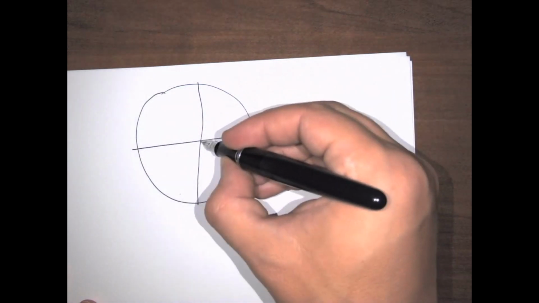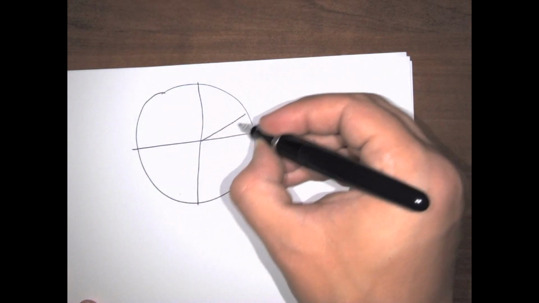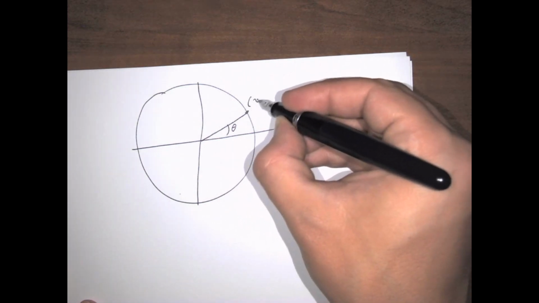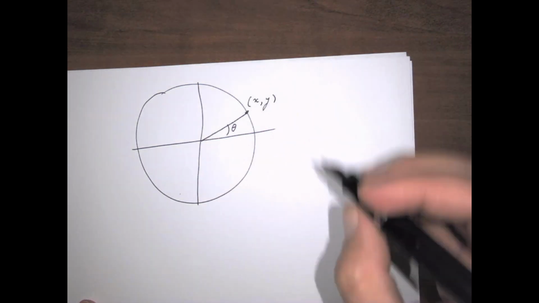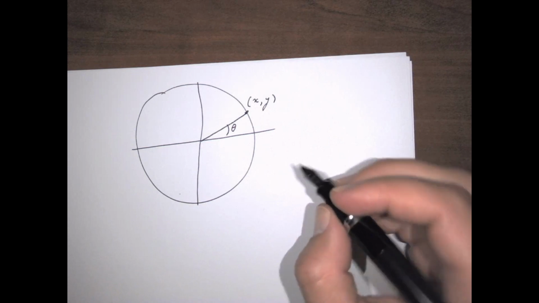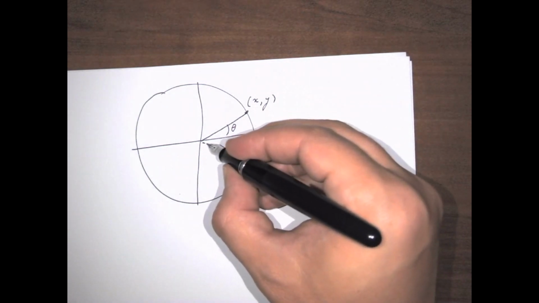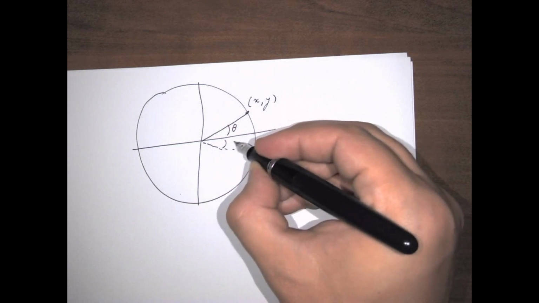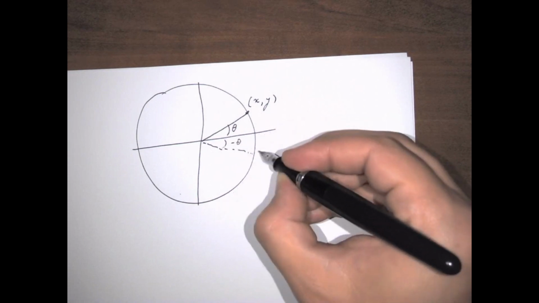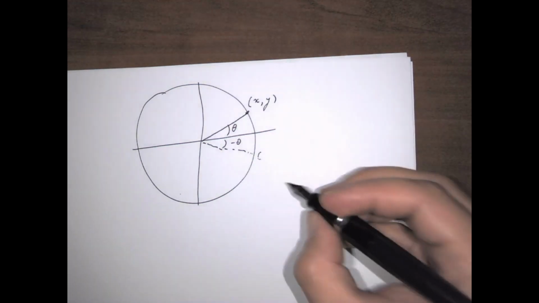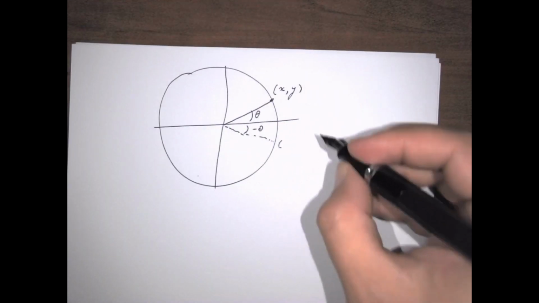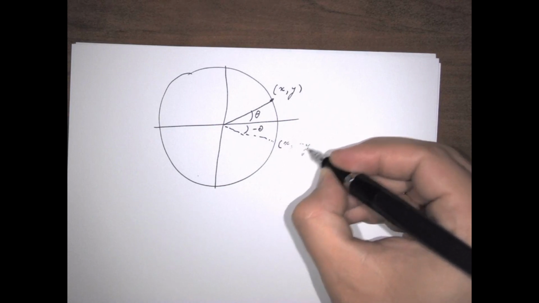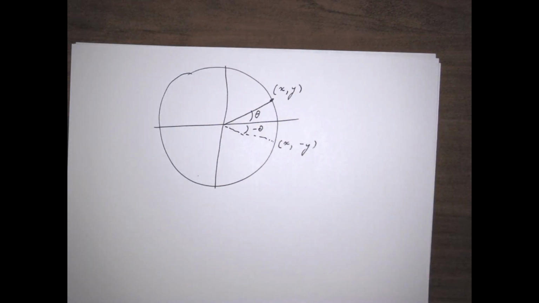So in particular, if theta is something like this, then what would be the case for negative theta? So first off, it would be down here. So this is negative theta. And let's think about what would happen to the x and y coordinates of it. So the x is still the same as it was. The y, though, will be the opposite of whatever it was.